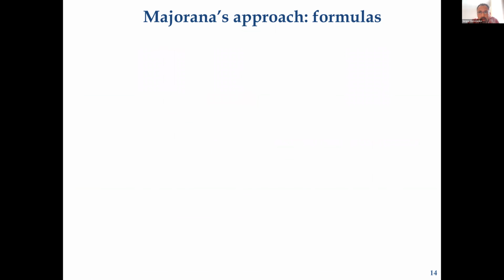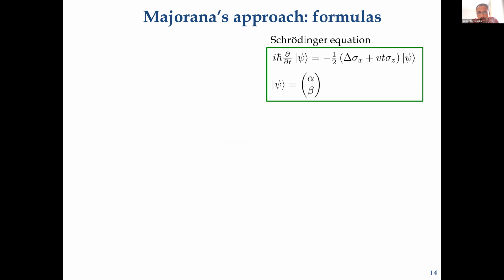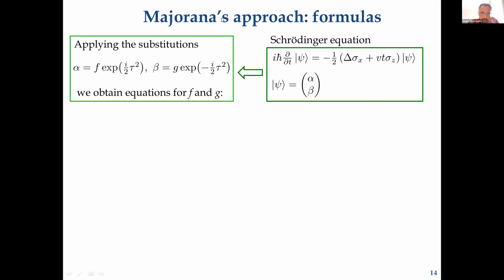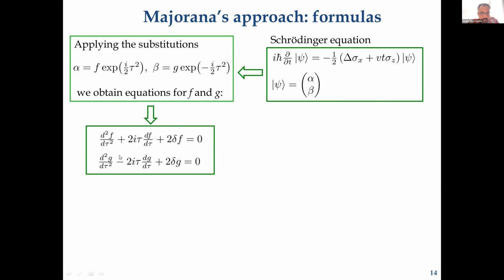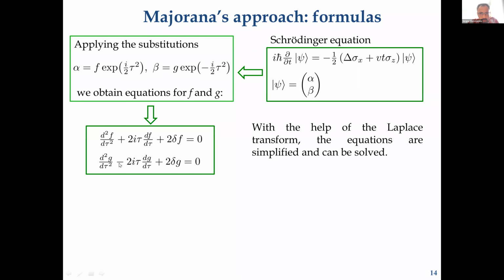So, because of what I said, I would like to spend 3 slides on Majorana's approach. We solved the Schrödinger equation for the wave function with the amplitudes alpha and beta, and with this Hamiltonian. After Majorana's substitutions, we obtain second-order differential equations.